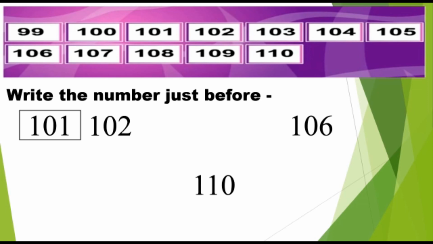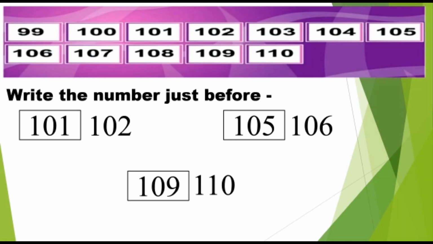What comes before 106? The number that comes before 106 is 105. So, 105 comes before 106. What comes before 110? The number that comes before 110 is 109. So, 109 comes before 110.